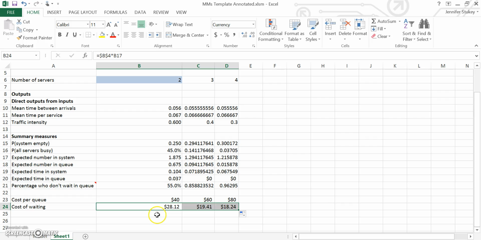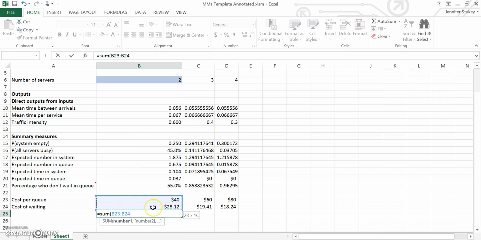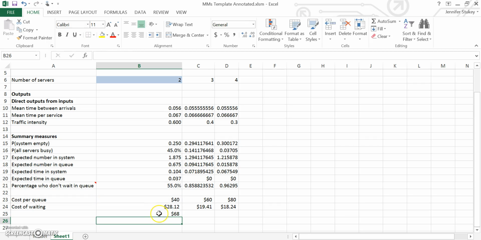All right. So now the last step is that we do a sum of the costs. And so it's going to cost us $68 an hour between the cost of the queue and the cost of the waiting if we have 2 queues. Okay. It's going to cost us $79 per hour if we have 3 queues, and it'll cost us $98 an hour if we have 4 queues.